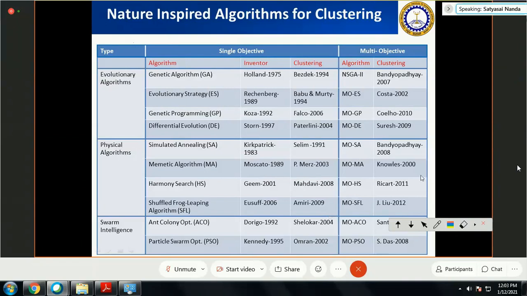You can observe that after the genetic algorithm, there are single-objective as well as multi-objective optimization papers jotted down for the clustering task.